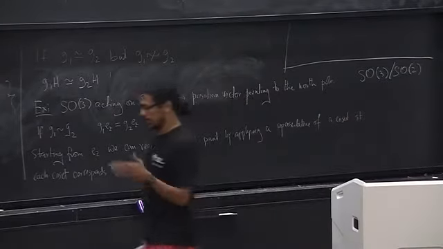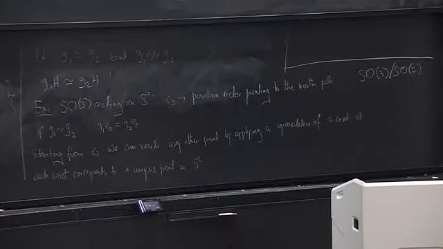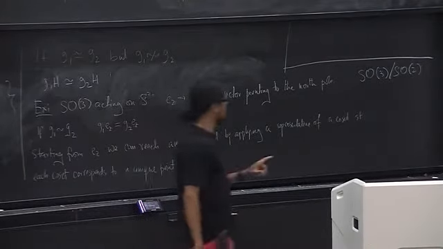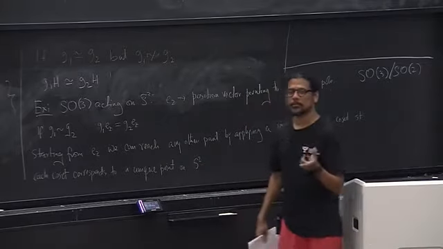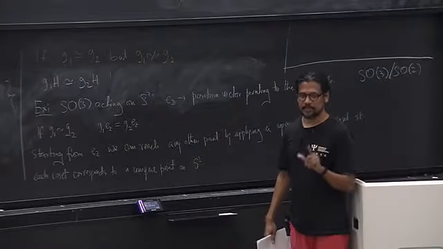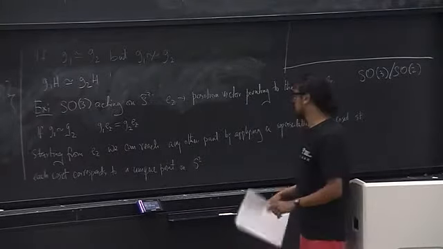If I take elements from another coset and apply them on the North Pole, I will get to a different point, because if I got to the same point, then those two elements would actually belong to the same coset.